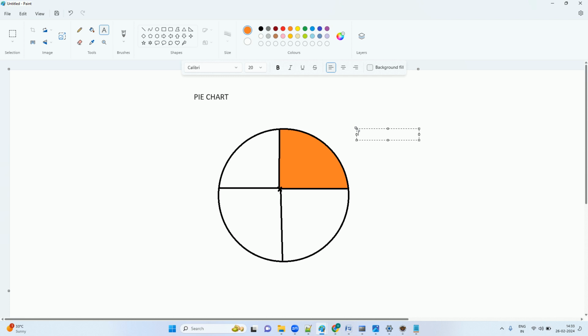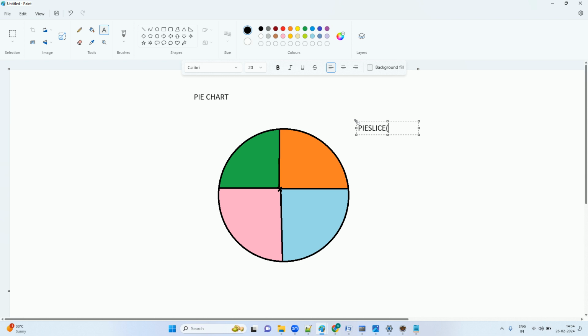So if I write this for the orange, for the green, for the pink, and for the blue, 4 pie slice functions, collectively they will form one pie chart. The function name is pie slice, spelled P-I-E, and pie slice.